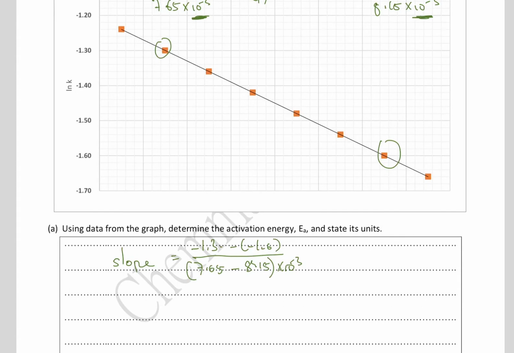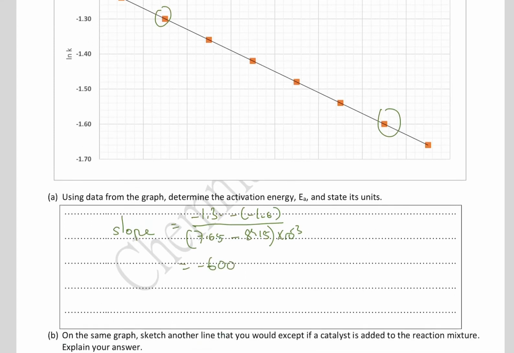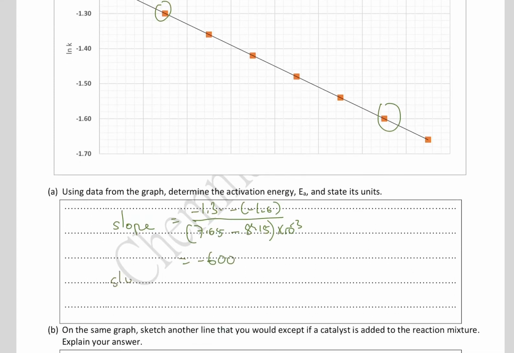Then obviously we can solve this equation easily. Then you should get the value minus 600. And then just as I said, the slope is equal to negative EA over R. That means we can just multiply this one with R, which is 8.31.